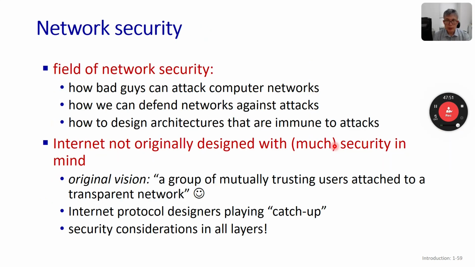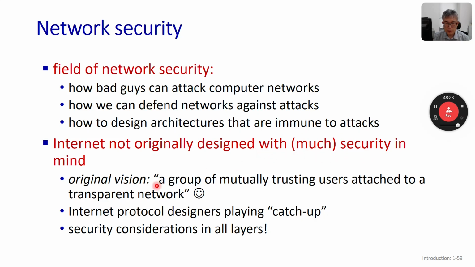So, security. Network security is about how bad guys like hackers can attack computer networks. Secondly, how we can defend our networks against security attacks. Thirdly, how to design architectures that are immune and safe from the attacks. The Internet was not originally designed with much security in mind.